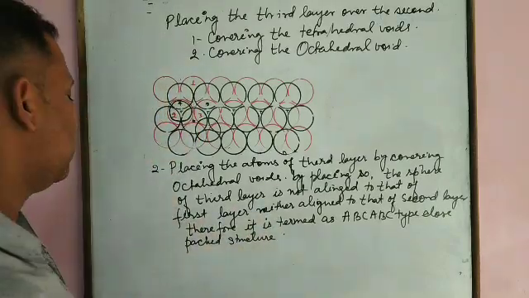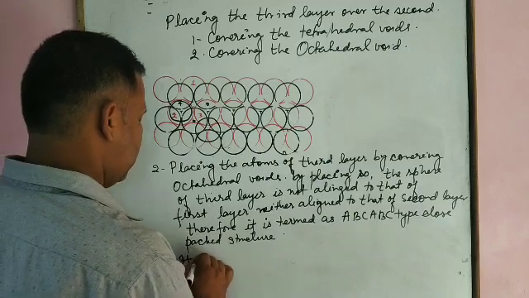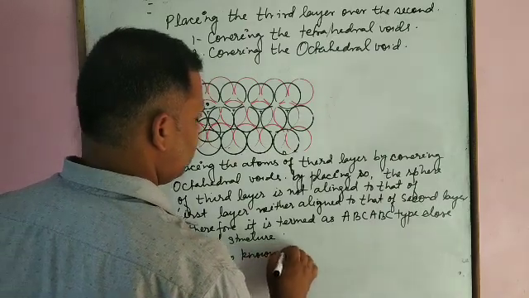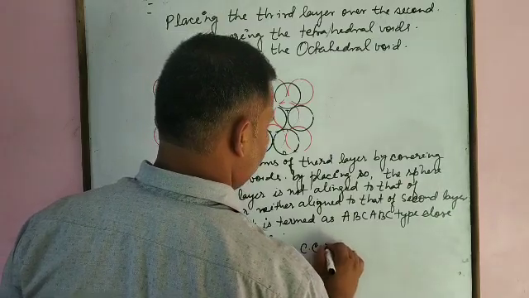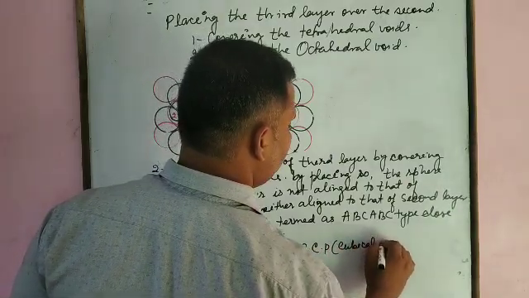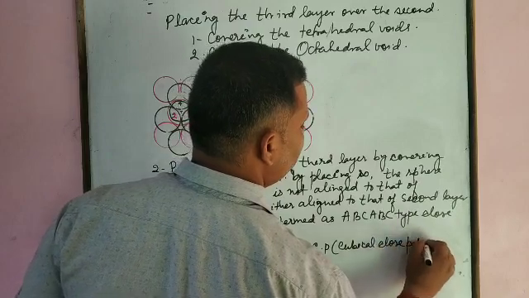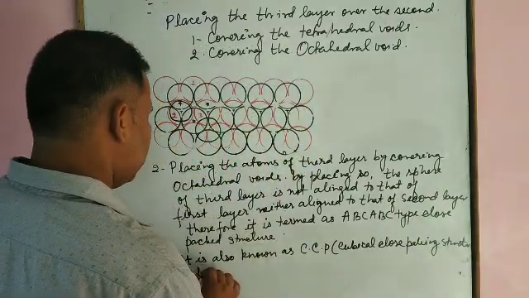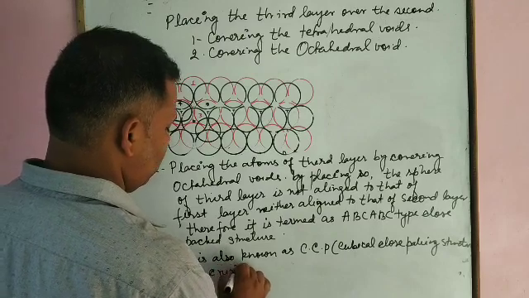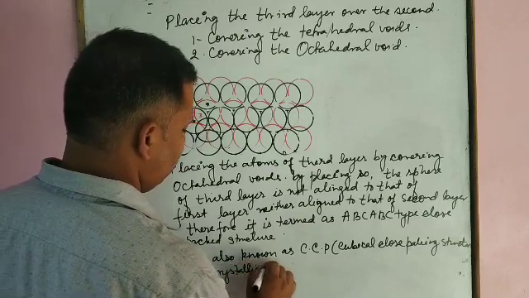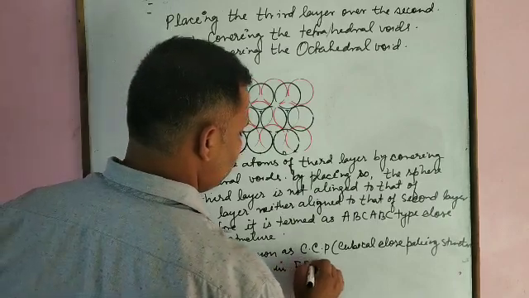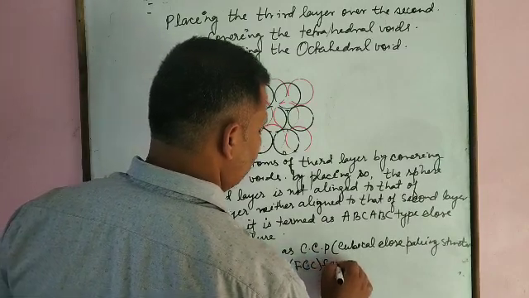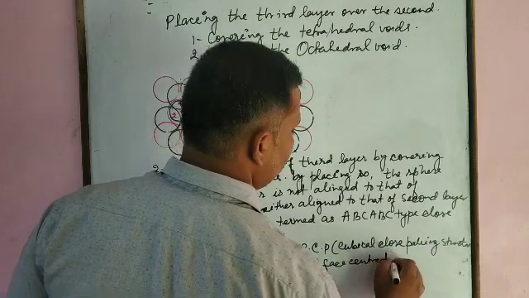It is also known as cubical close packing structure, and crystallizes into FCC, face centered cubic.